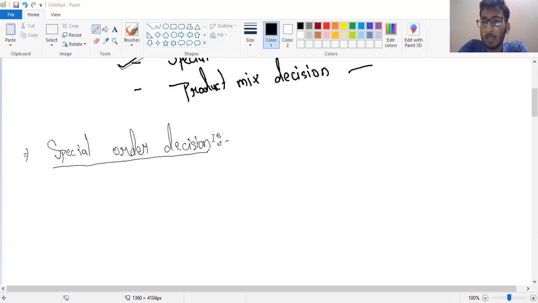I usually get orders of making mobile phones only. But if today I am getting an order of making calculators, I need to think specifically just for the purpose of the calculator whether it would be beneficial for me or not.